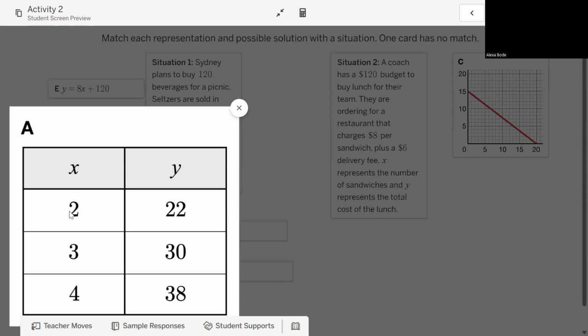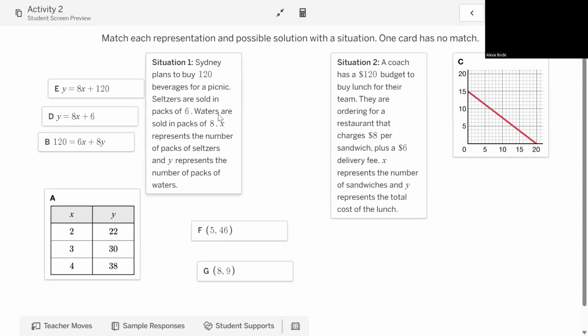In A, we can see X is going up by 2, 3, 4. So in situation one, that would be saying 2 packs of seltzers, 3 packs of seltzers, 4 packs of seltzers. Our Y's are going up 22, 30, 38. This is saying 22 packs of water, 30 packs of water, and 38 packs of water.